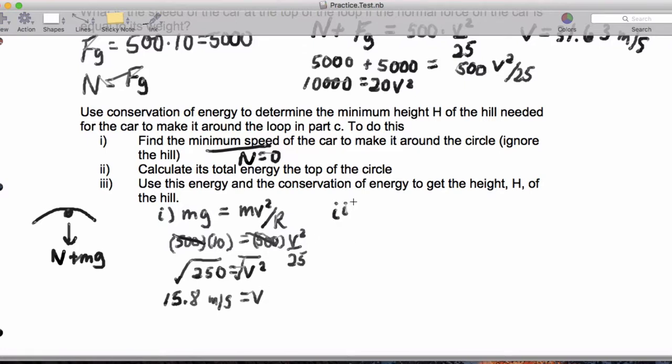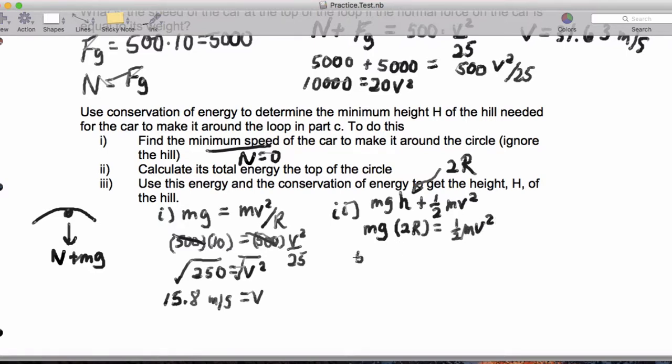Next, it says calculate the total energy at the top of the circle. So at the top of the circle, I have a combination of gravitational energy and kinetic. And this h at the top of the circle, well, that's equal to twice the radius. So I'm going to put mg times 2r plus 1/2 mv squared.